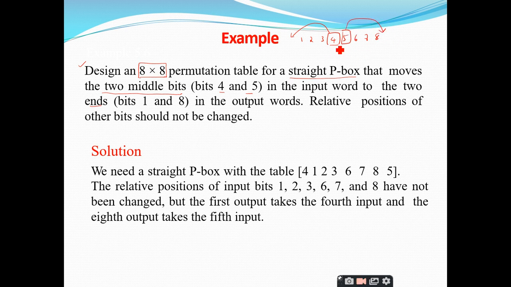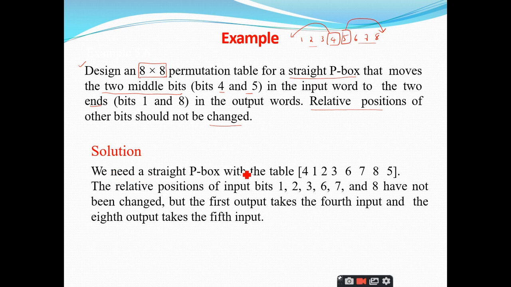He has not given any signal saying that 4 has to be thrown to the left itself, right? You can throw it to the right also, and 5 can be thrown to the other end, but the concept here is they are thrown to 2 different ends. And the relative positions of the other bits should not be changed. So you should not touch these 1, 2, 3, 6, 7, 8. So what will you get here?